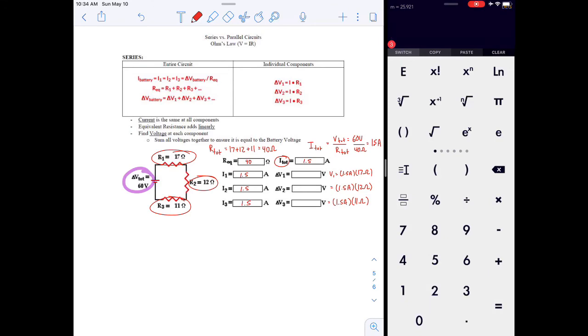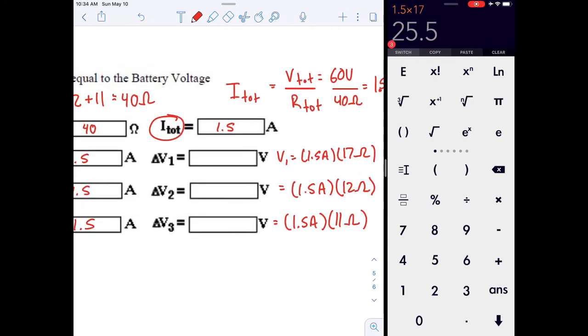Let's start with the first voltage, 1.5 times 17. We get 25.5 volts. The next one, we're going to do 1.5 times 12, which gives us 18 volts. And lastly, we have 1.5 times 11, which gives us 16.5 volts. Good.